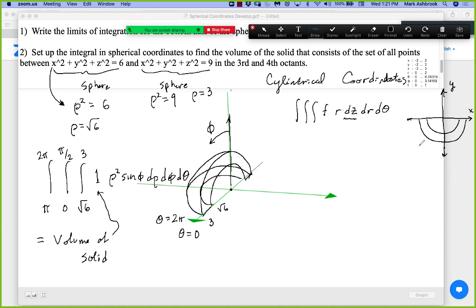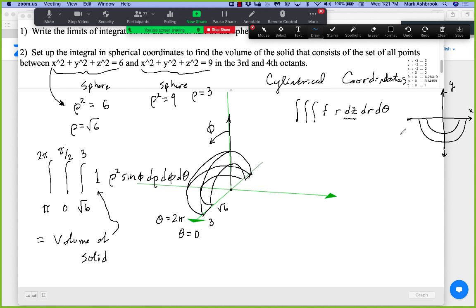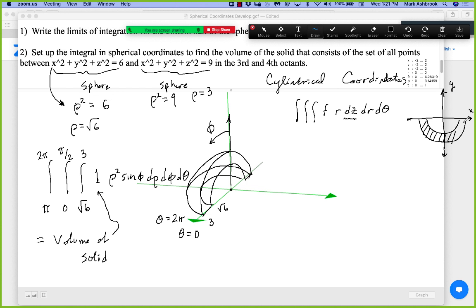And so then the projection of the solid is this part right here. Is that right? I don't think so, because the upper part of the watermelon slice is not being covered by that shaded area. That shaded area only represents the bottom of the surface.